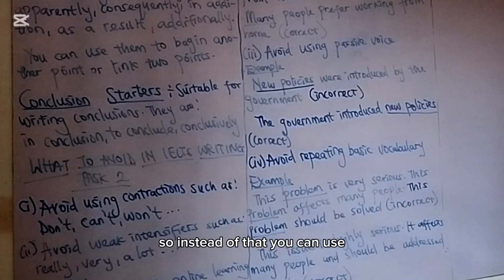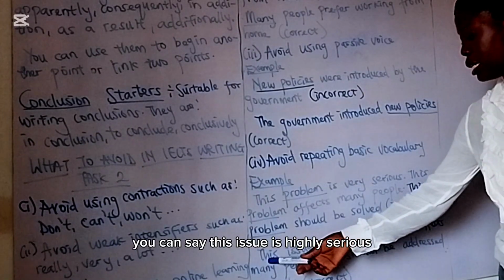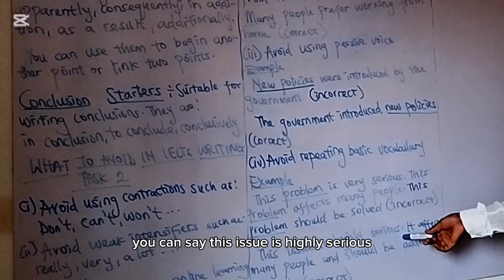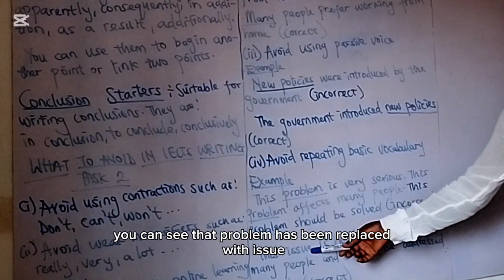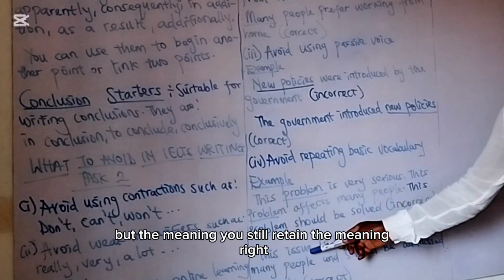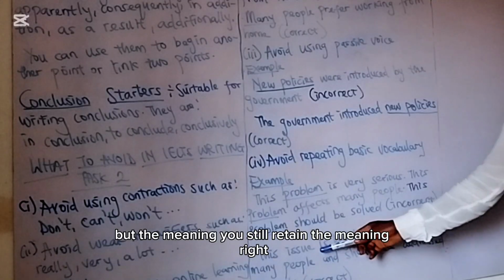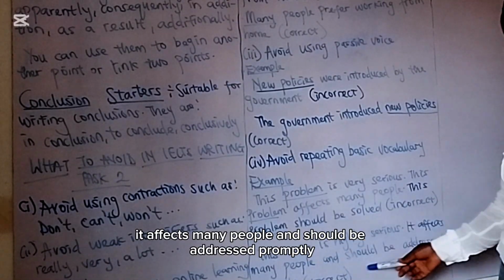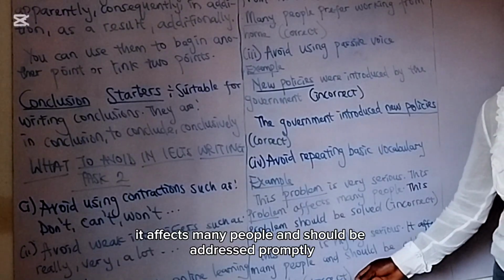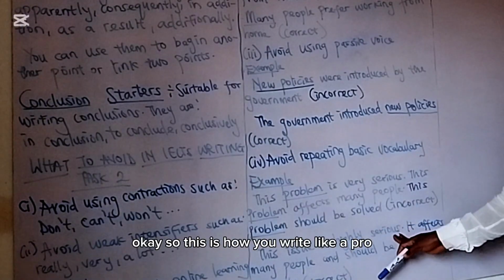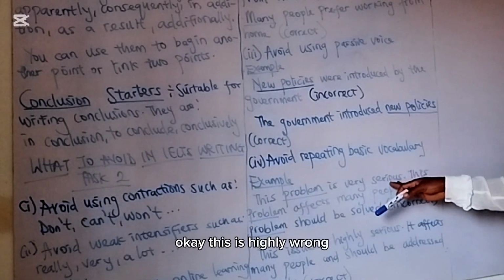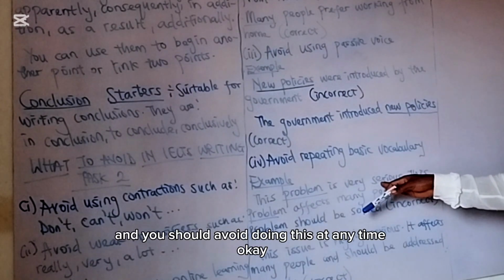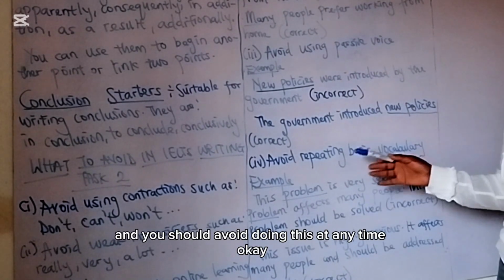So instead of that, you can say this issue is highly serious. Problem has been replaced with issue, but the meaning is still retained, right? This issue is highly serious. It affects many people and should be addressed promptly. So this is how you write like a pro. The earlier version is highly wrong and you should avoid doing this at any time.